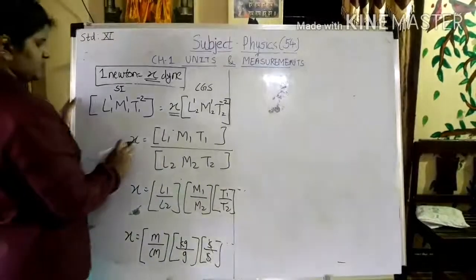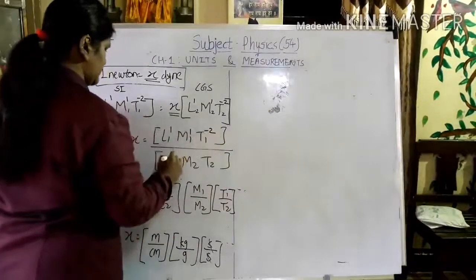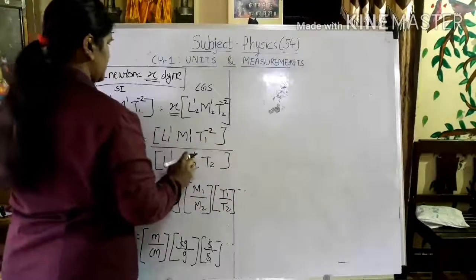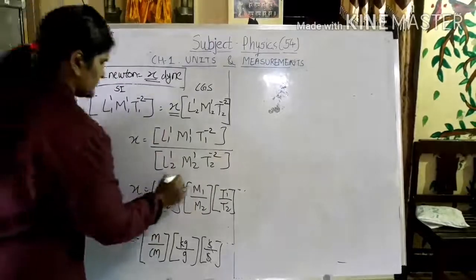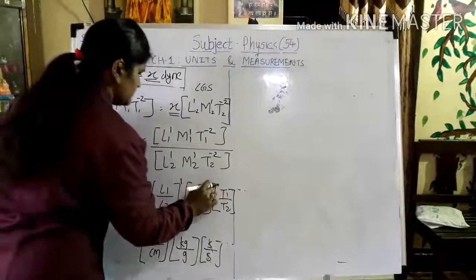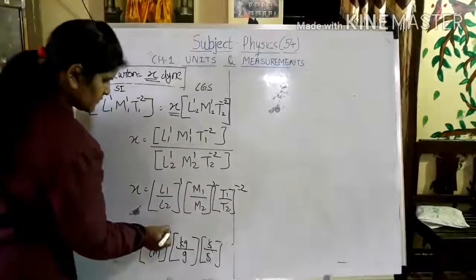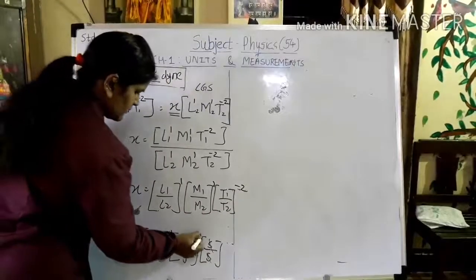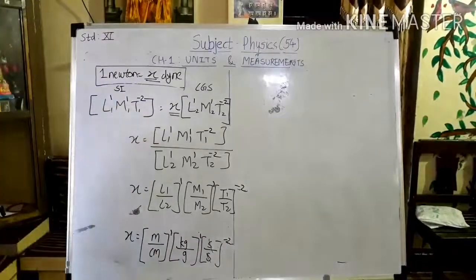So X will be N1 to the power 1, M1 to the power 1, T minus 2, L1 to the power 1, L2 to the power 1, M2 to the power 1, T minus 2, this to 1, this to 1, this to minus 2. In the same way I have done this.